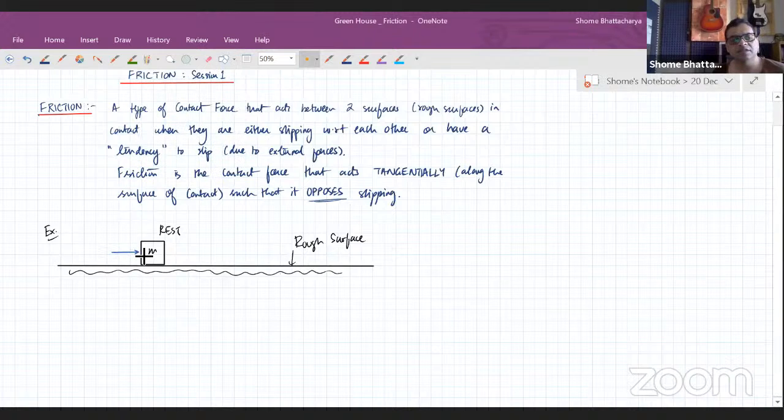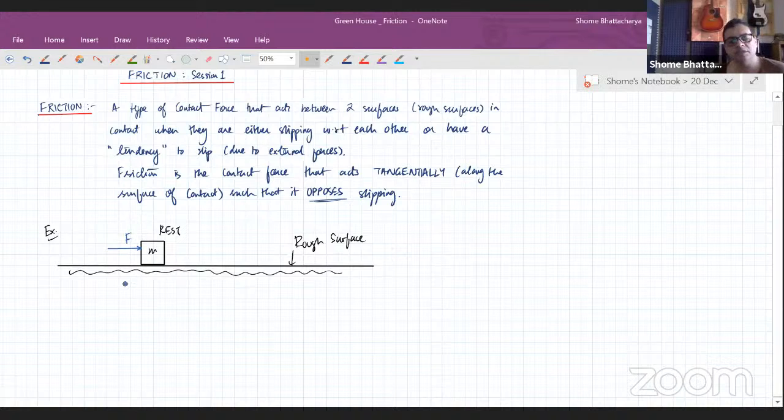But in this case, we will see that definitely the acceleration of the block will not be F by m the moment we apply the force. In fact, the block may not even slide. It may even so happen that we are applying the force, but at the same time, the block is not sliding.